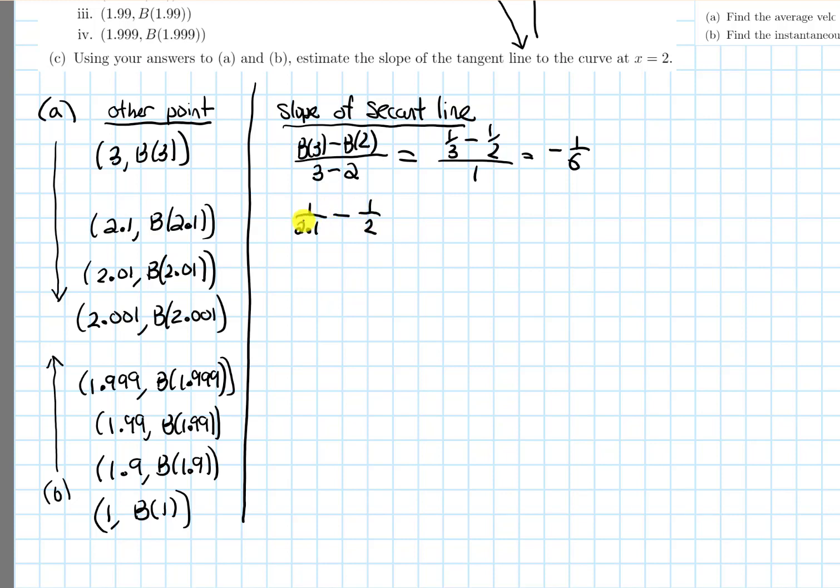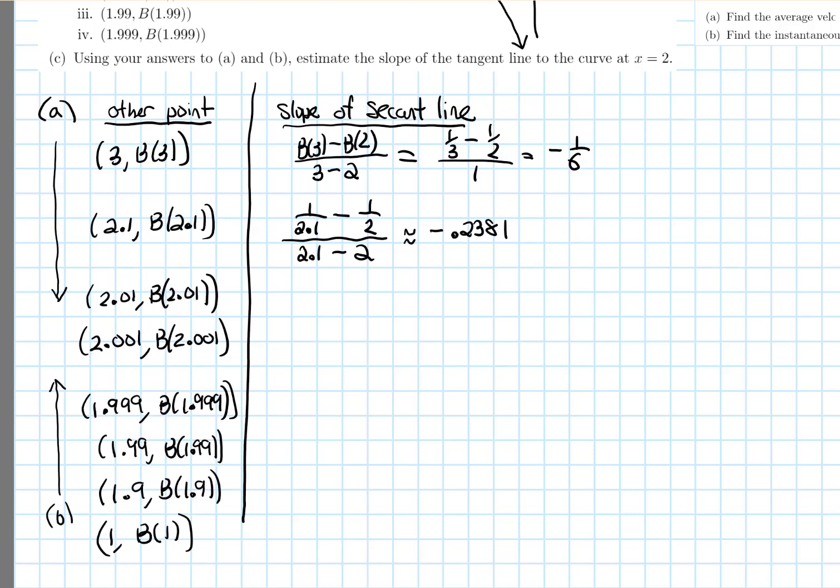So that's the change in y, subtracting the y coordinates, over, now I subtract the x coordinates. One of them is 2.1, one of them is 2. And I've plugged this into a calculator ahead of time, and I'm going to round it to 4 decimal places. And I get negative 0.2381.